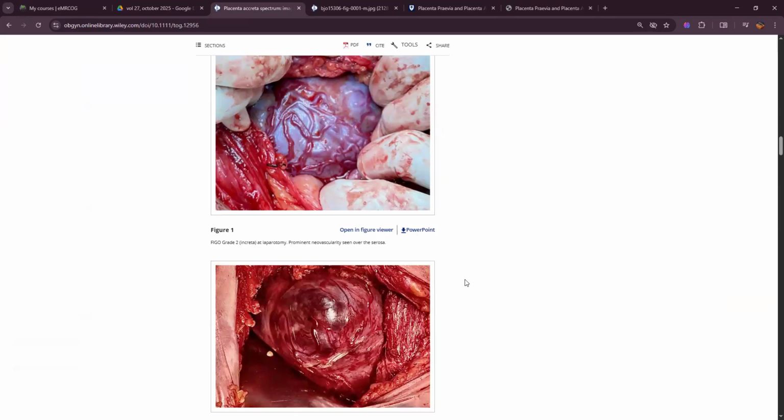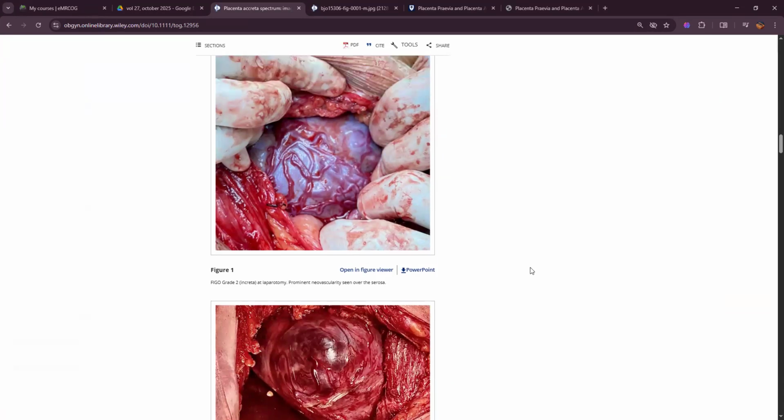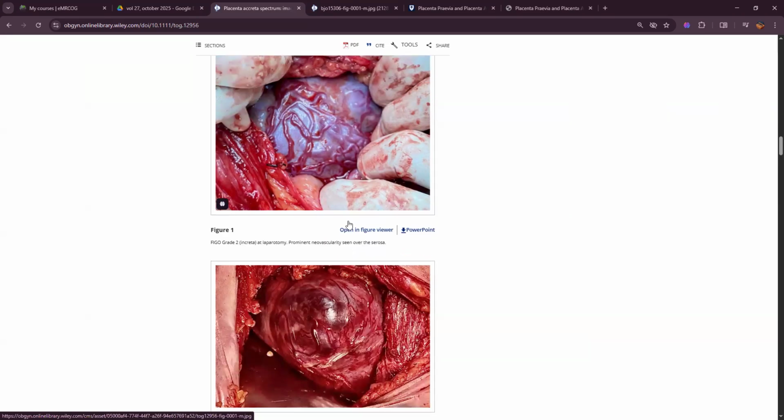Can you see the difference? Those are prominent vessels. Those are prominent new vascularities. It looks almost like varicosities. Can you know the difference between this picture and this picture? This one is definitely at least increta. This means that the placenta has reached the serosa of the uterus.